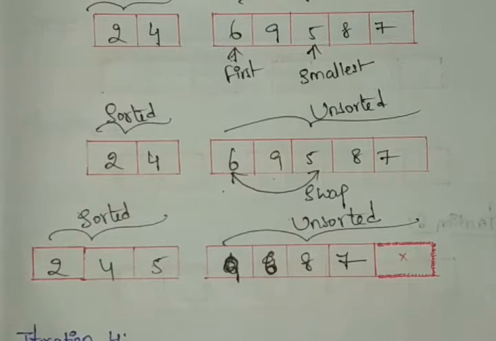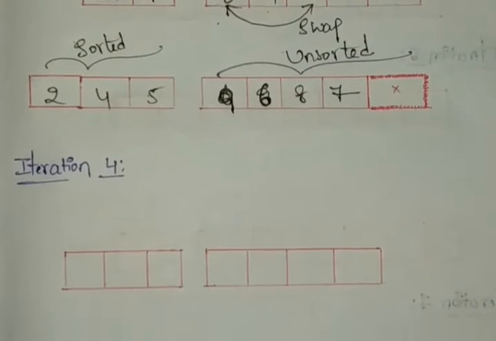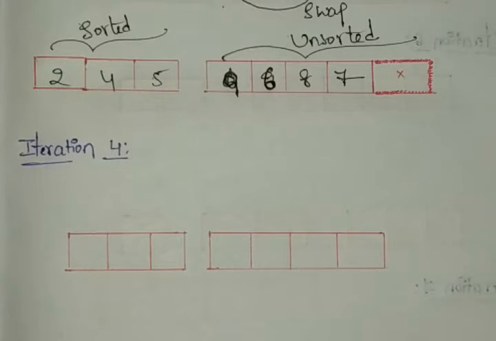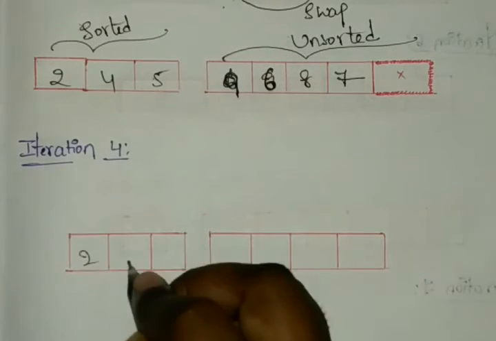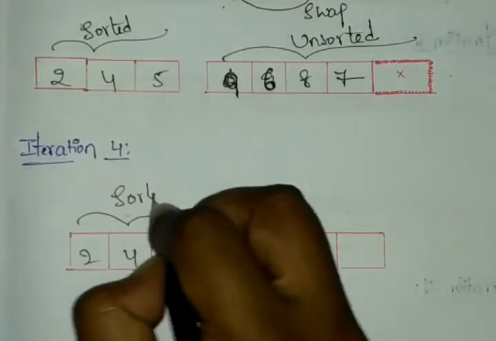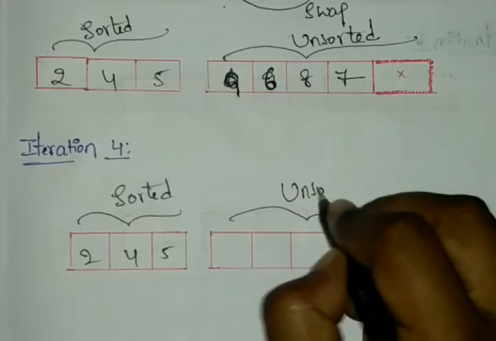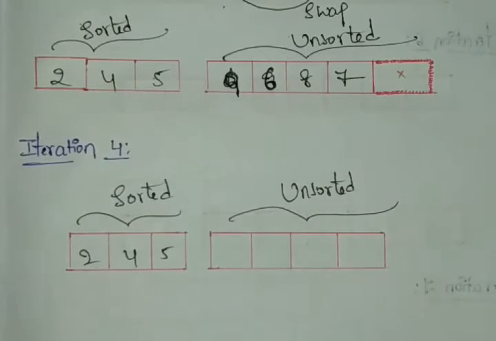And next, after the third iteration, you have to pass our fourth iteration. Now you can see, again we have the 2, 4, 5. Right now we sorted the 3 elements and here we are left with the 4 elements. Again do the same process until the ascending order is completed.